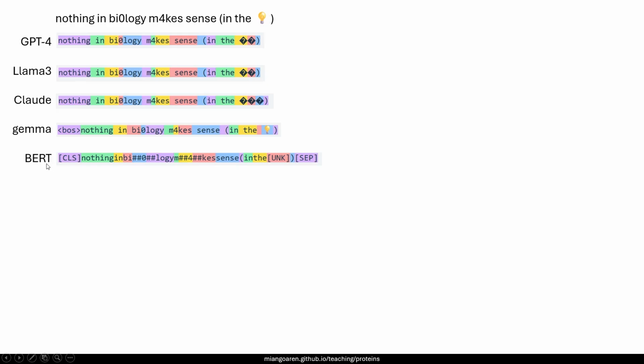For example, tokenizers of the BERT type model include a special type of token. Here the Gemma model also includes another type of special token. The Claude model, Llama or GPT-4 all tokenize the word "nothing" as a single word. But as you can see, there is a very considerable variation regarding how each of them tokenizes the text.